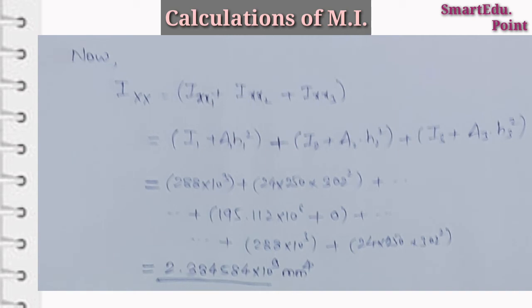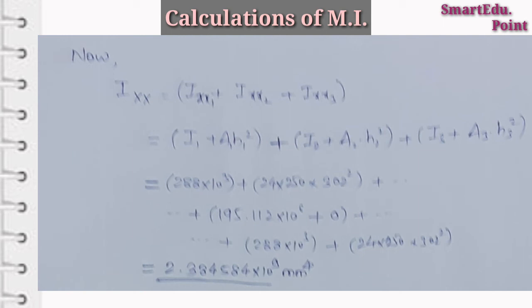Now here A1 will be equals to A3, that is 250 into 24, and A2 will be 580 into 12 mm square, and h1 will be equals to h3 due to symmetrical sections, that is nothing but y bar minus y1 or y bar minus y3.